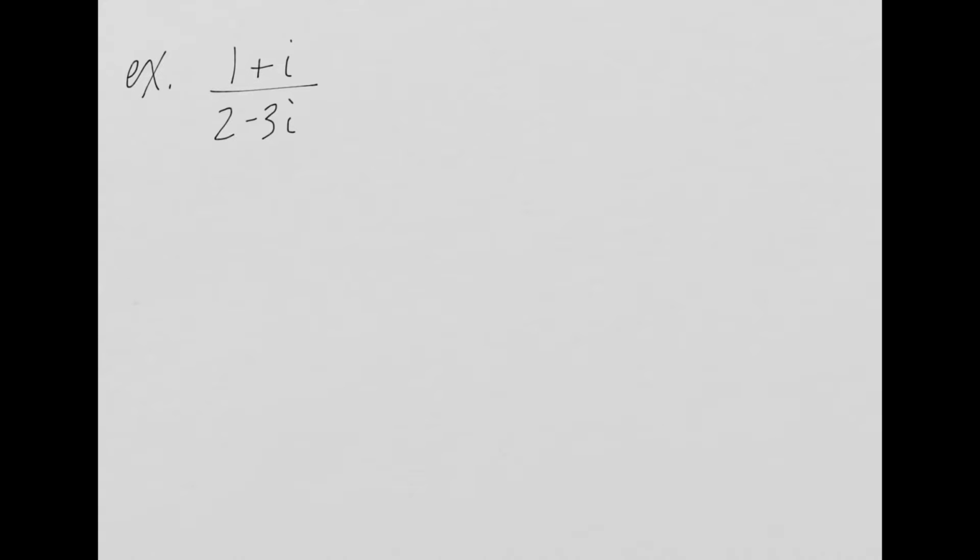You can multiply by 1 and that's fine. So what we're going to do is multiply by the conjugate of the bottom. So the first step for division, you're going to multiply by the conjugate of the bottom. Not the top, it's really important that it's the bottom. So what's the conjugate of the bottom? That would be 2 plus 3i.